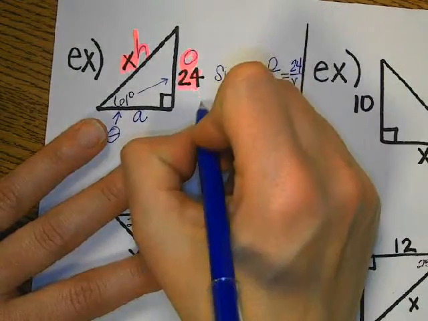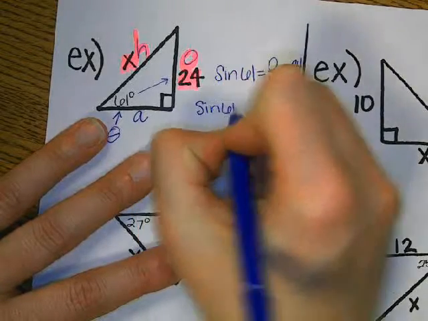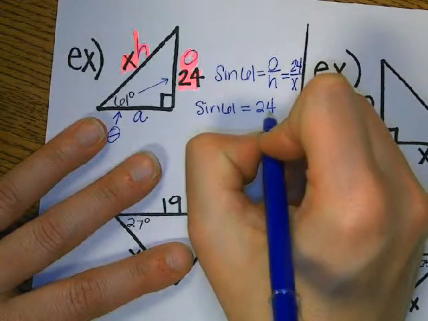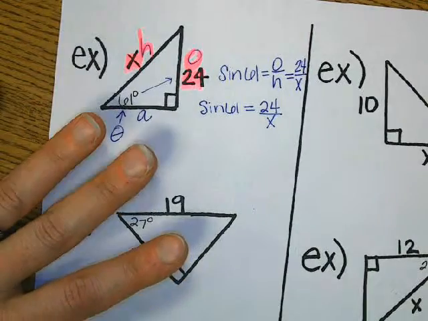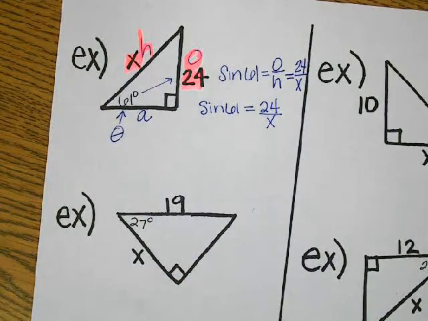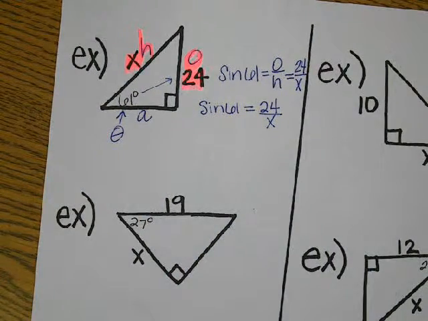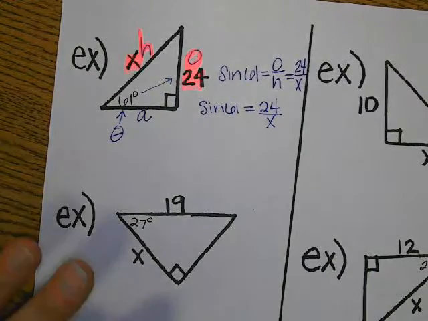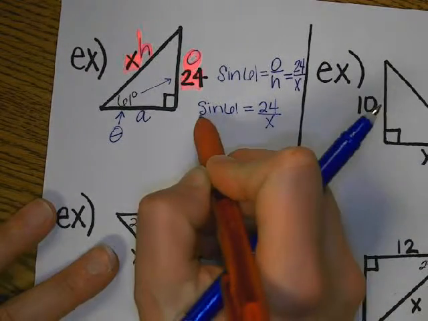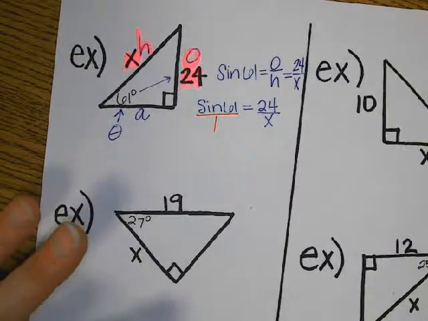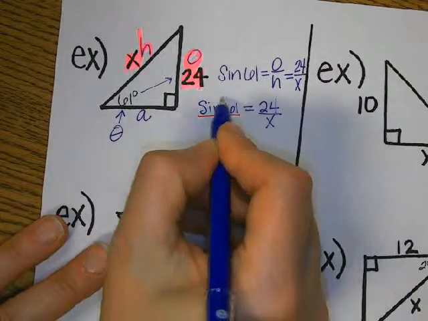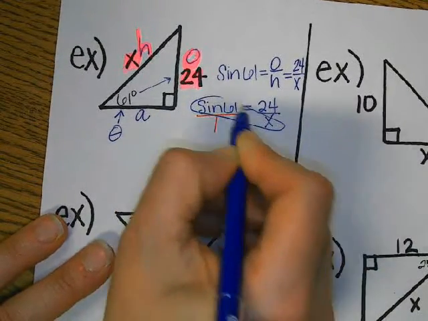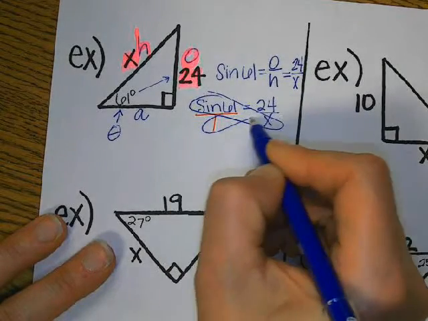So I'm going to write it all as one thing: sine of 61 equals 24 over x. Now the best way to solve this is to cross multiply. So I'm going to put sine of 61 over 1, and then cross multiply to get my answer.